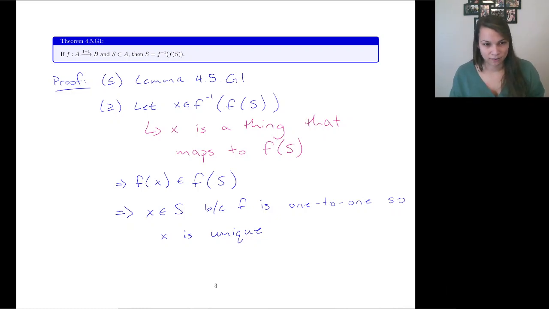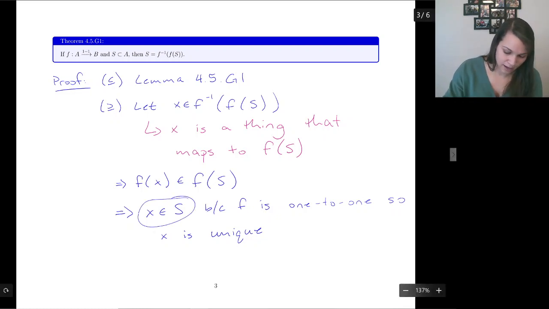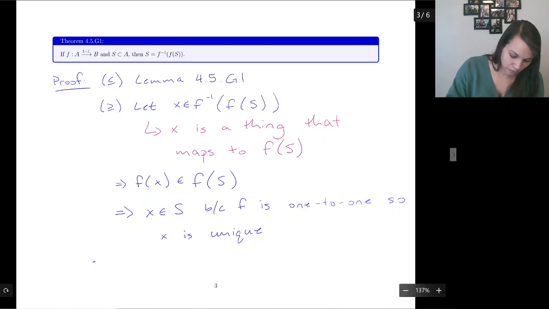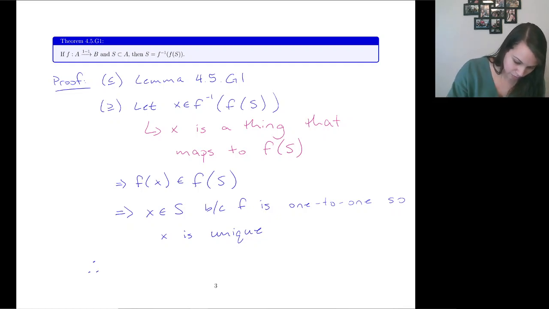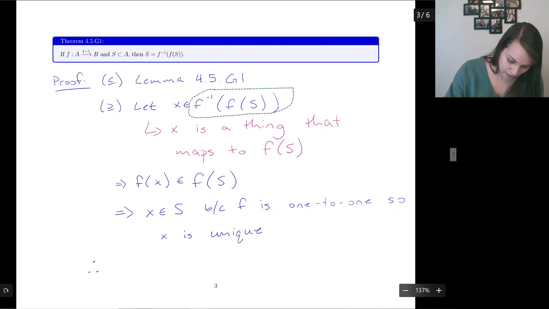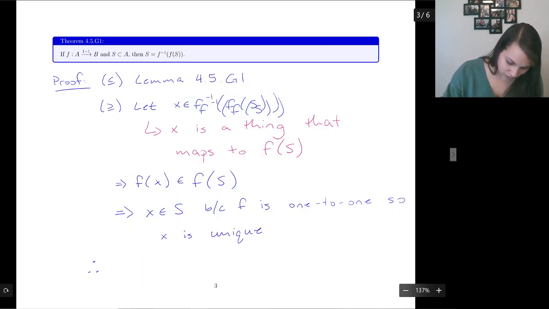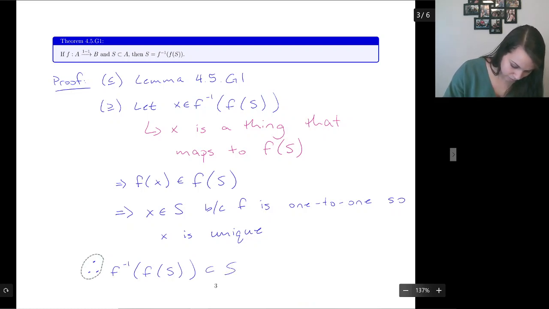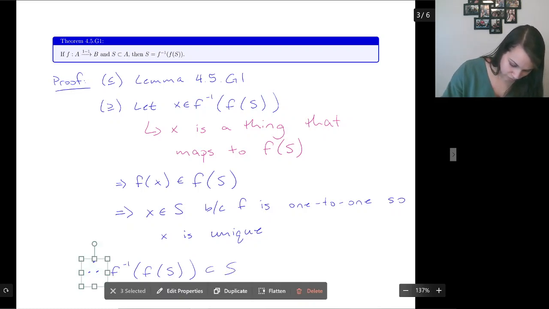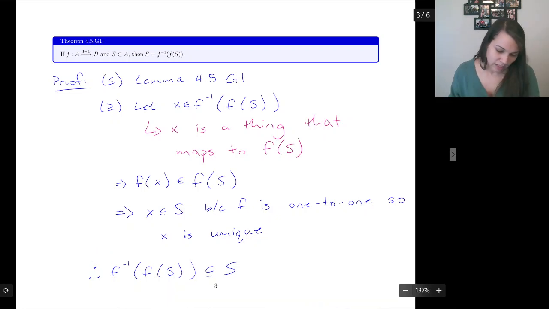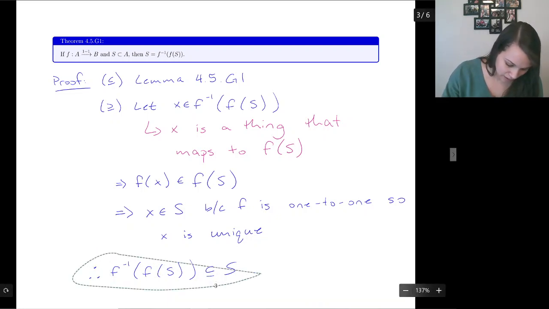So now that we have x is here in s, we've got our conclusion that this guy is going to be a subset of S. And now we have subset in both directions.